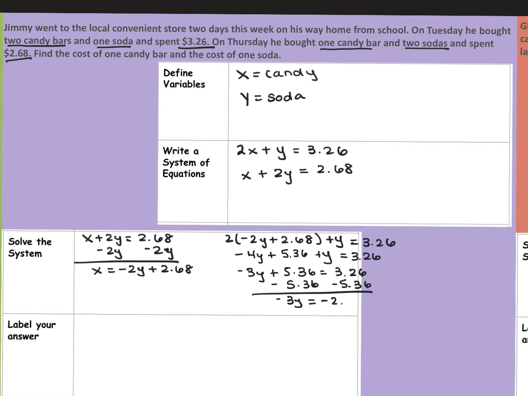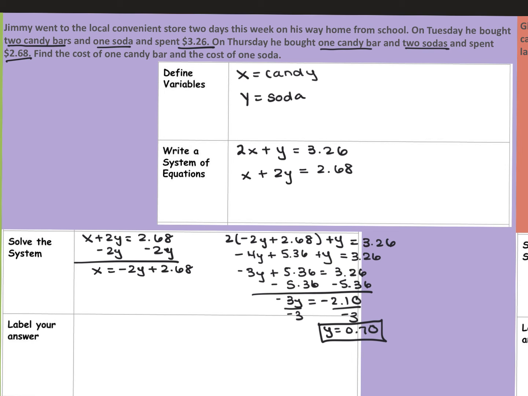I'm going to add that 0 since all of my other numbers or decimals are in the hundredths place. I'm going to divide both sides by negative 3. And I get that y is equal to 0.70.